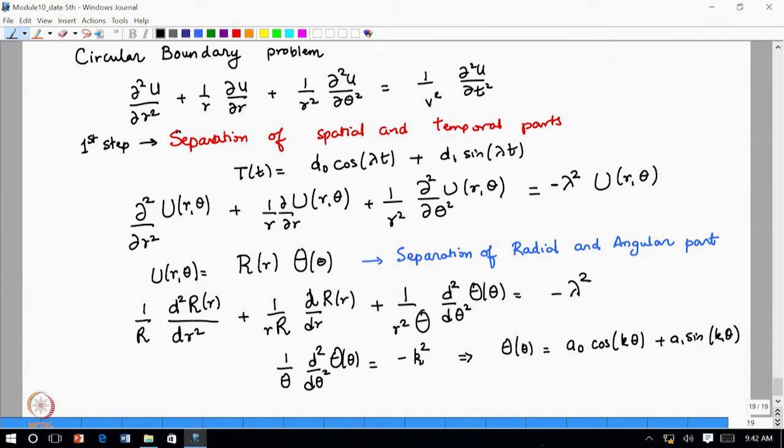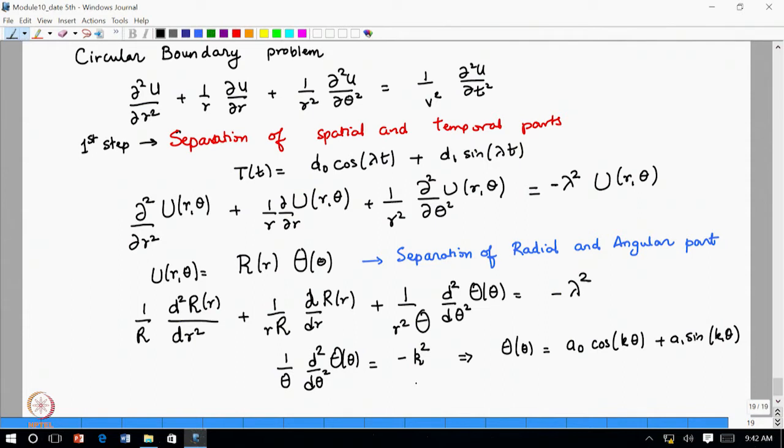This is the theta part, that is solved, and a0 and a1 can be determined using the boundary conditions. In fact, in this case you have a boundary condition that Theta at theta and Theta at theta plus 2 pi should both be identical.